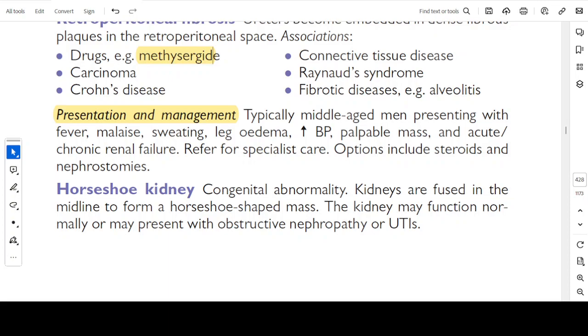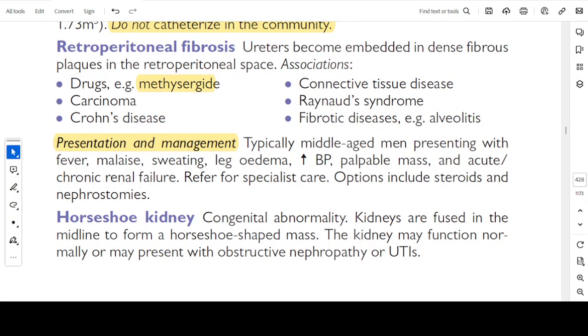Typically middle-aged men presenting with fever, malaise, sweating, leg edema, raised BP, palpable mass, and acute or chronic renal failure. Refer for specialist care. Options include steroids and nephrostomies.